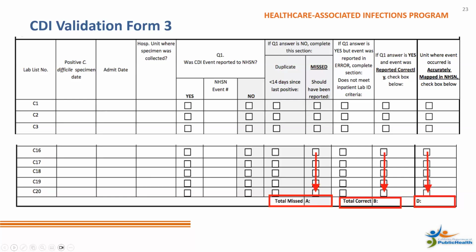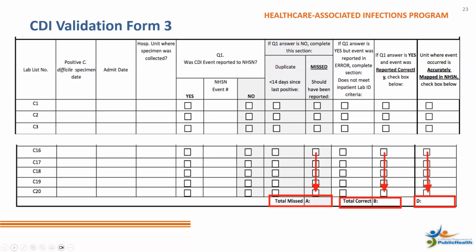So here is Form 3 for CDI validation. And this shows how you will list out your C. diff lab numbers there, 1 through 20, the positive C. diff specimen date of collection, your admit date, and the unit where the specimen was collected.